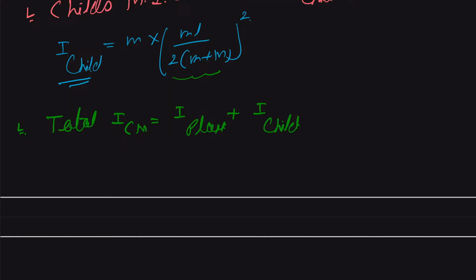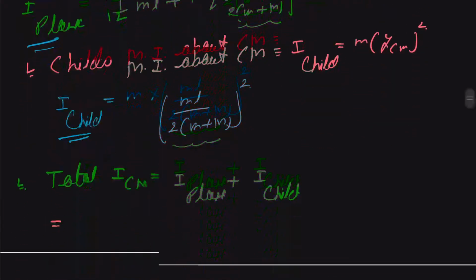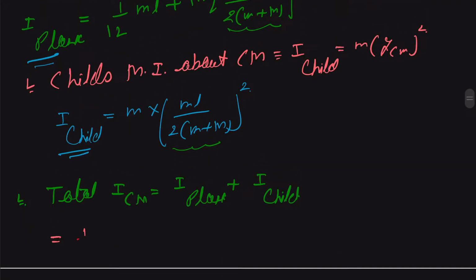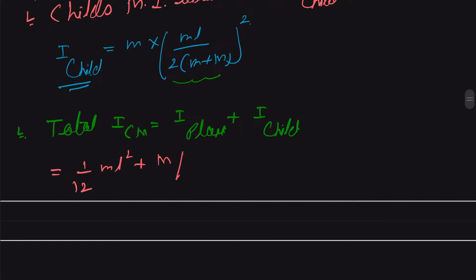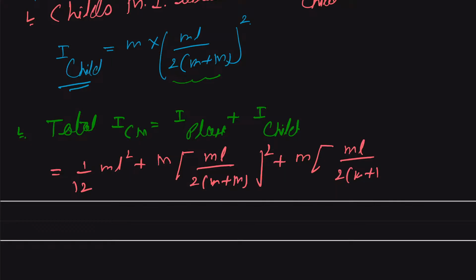So we get 1 by 12 ML square plus capital M, okay, rest is same, ML upon 2m plus capital M whole square plus small m, ML upon 2m plus capital M whole square.